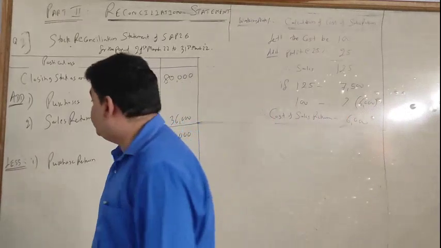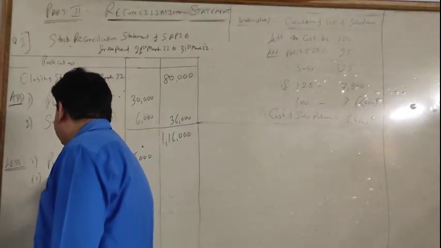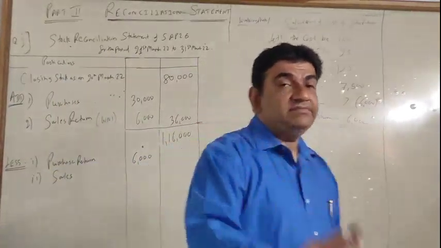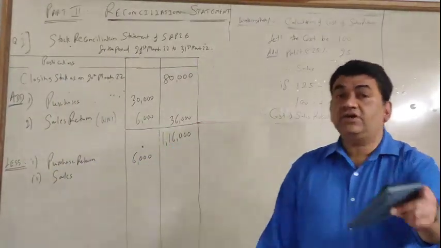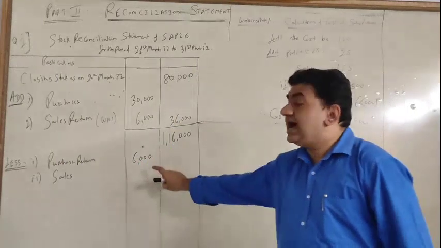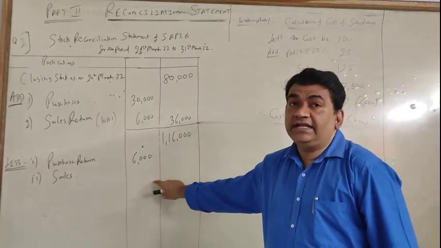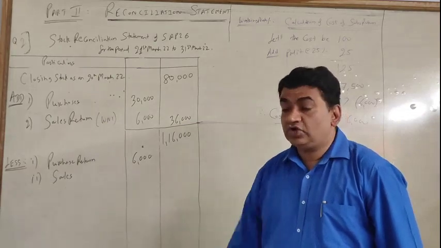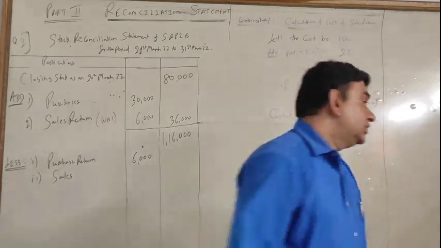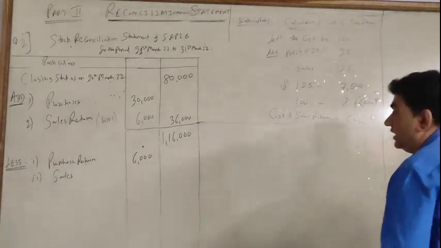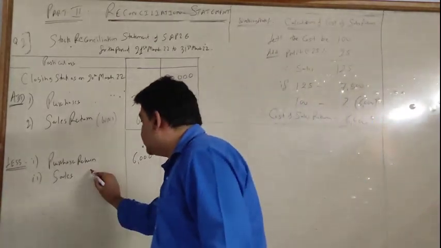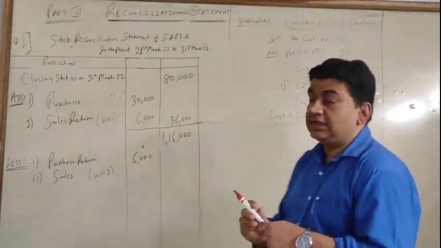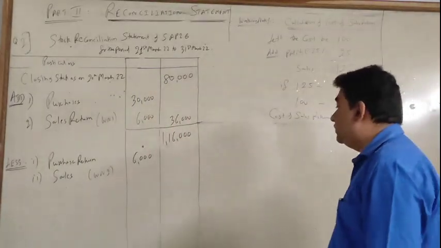Next, what is pending? Sales. What is the amount of sales? 50,000. Now listen. Again the same thing. Sales 50,000 is at selling price. I cannot write 50,000 here. I don't want it, it is the selling price. I want the cost of that 50,000. So again, I will make a working note. Again sales. Put in brackets working note number 2.